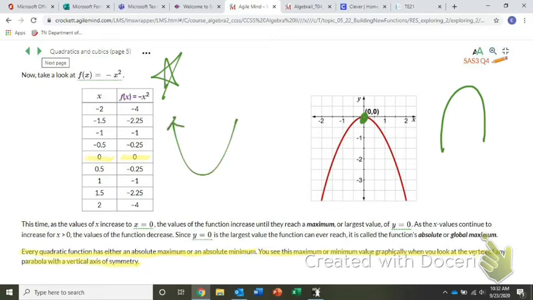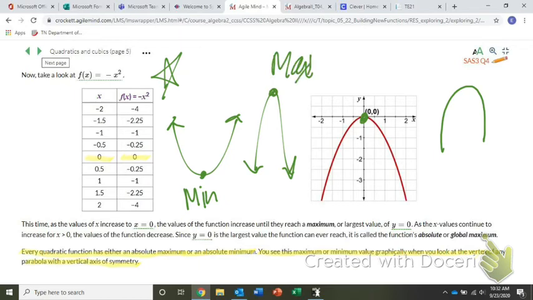This parabola right here, does it have an absolute minimum or an absolute maximum? A minimum. What about this parabola? Has a maximum. Okay?